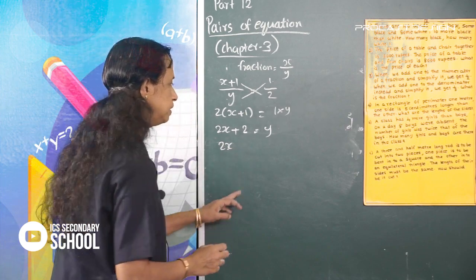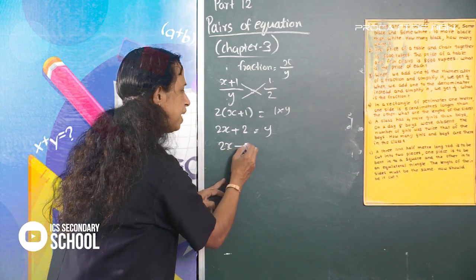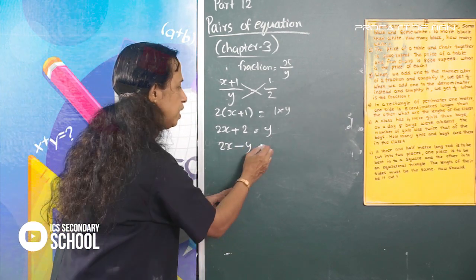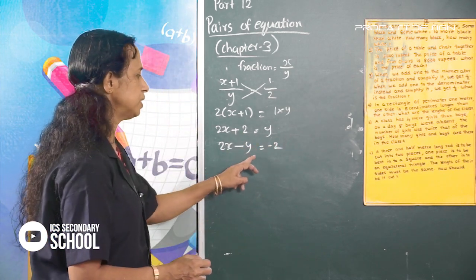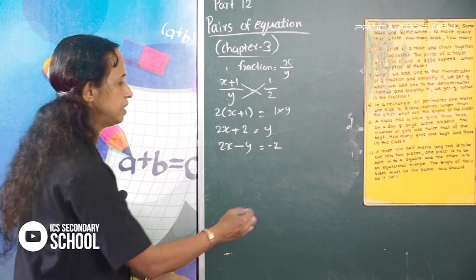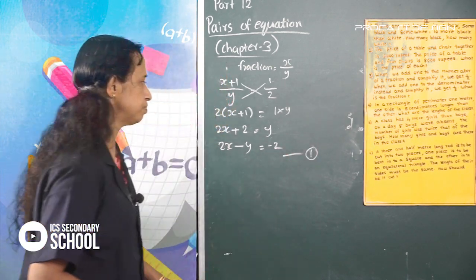Then change the sides: 2x minus y is equal to plus 2 minus 2, so 2x minus y is equal to minus 2. Okay. This is the first equation.